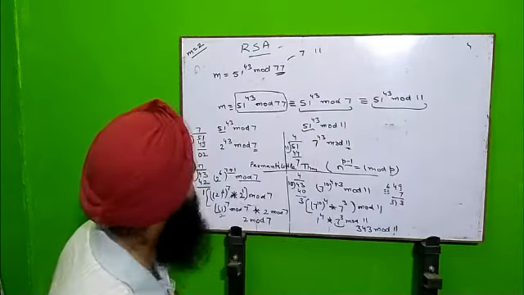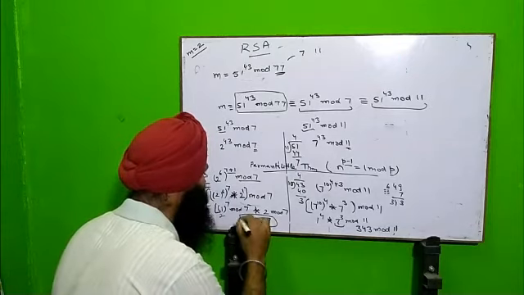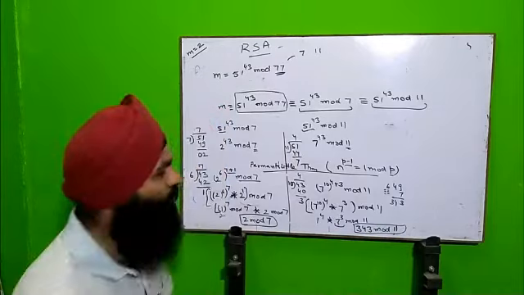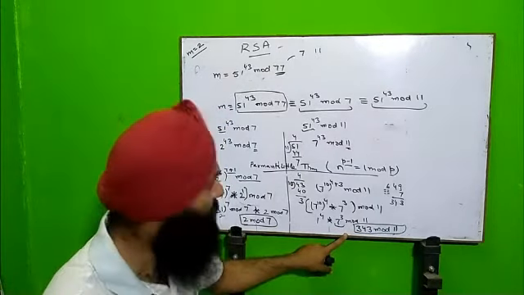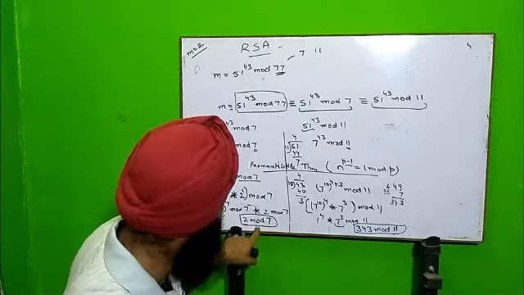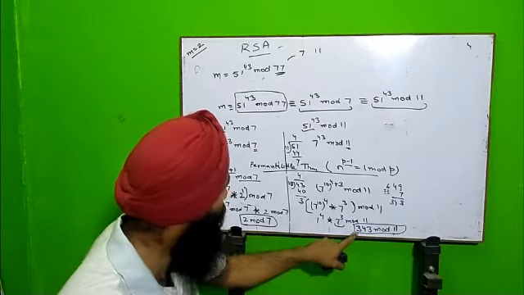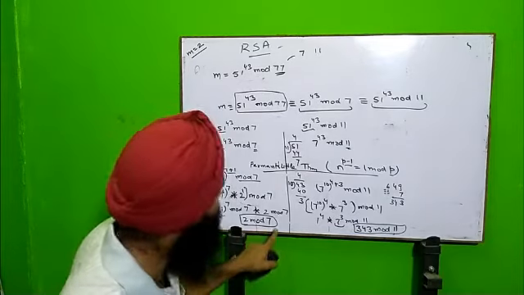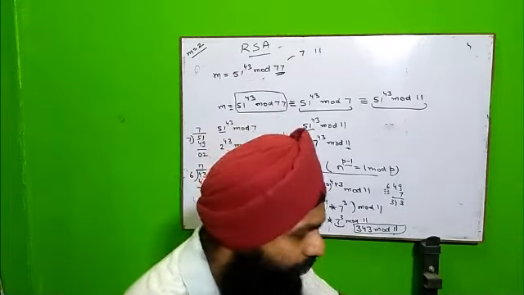So here we will have 343 mod 11, and we will have these two values over here. Now if you remember the Chinese remainder theorem, you can directly apply it on these two reduced equations and find the value of x.